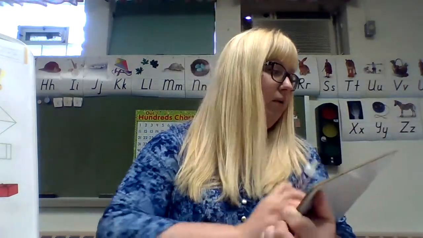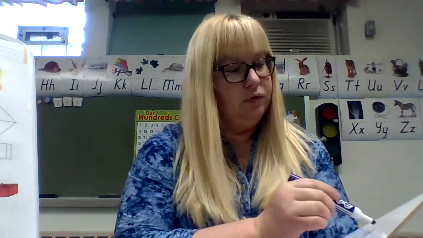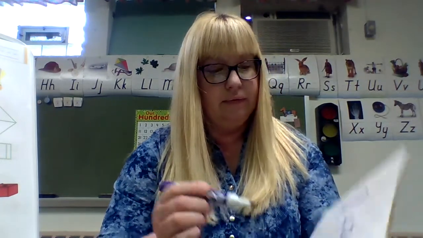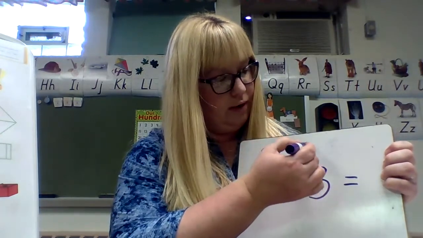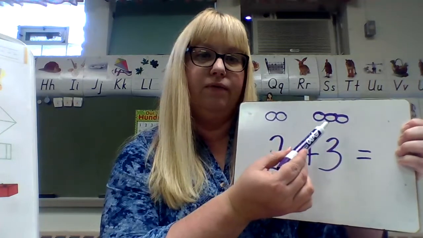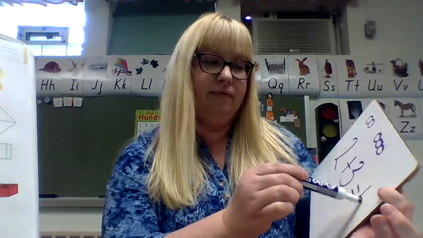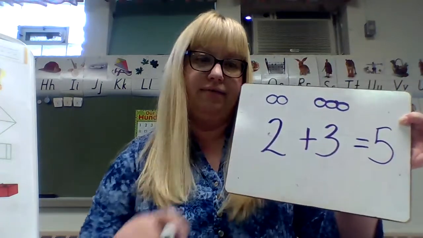And I'll give you one more. 2 plus 3. So we have 1, 2. 1, 2, 3. 1, 2, 3, 4, 5. 2 plus 3 equals 5.